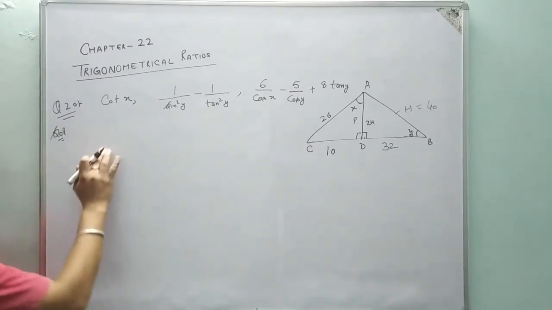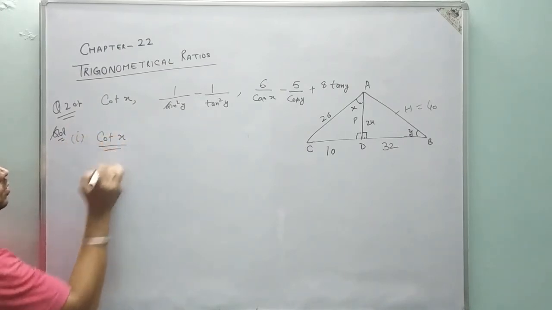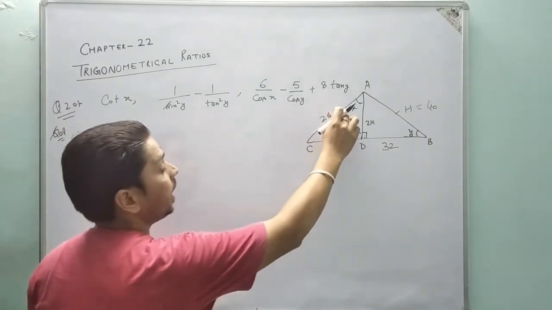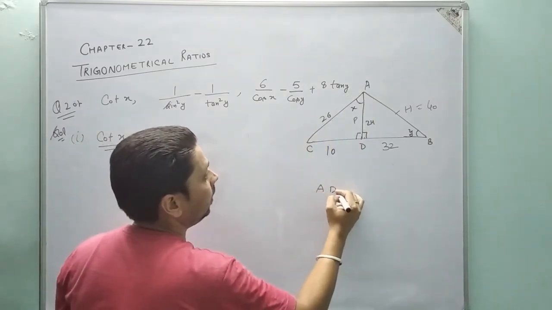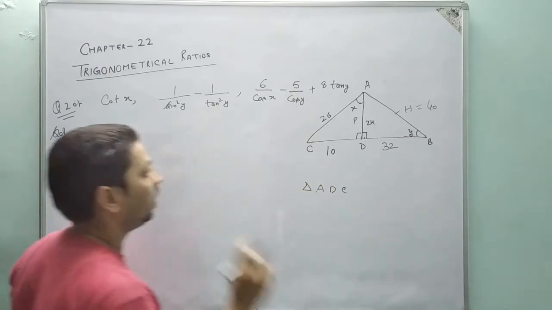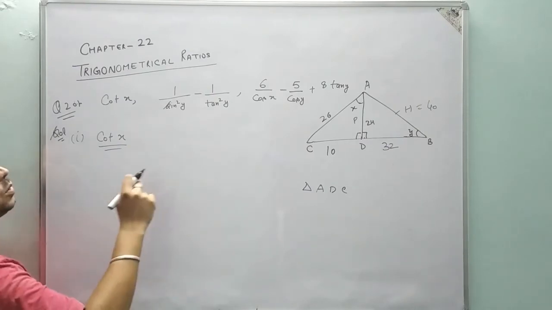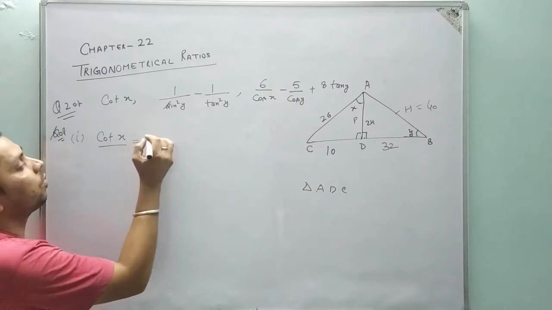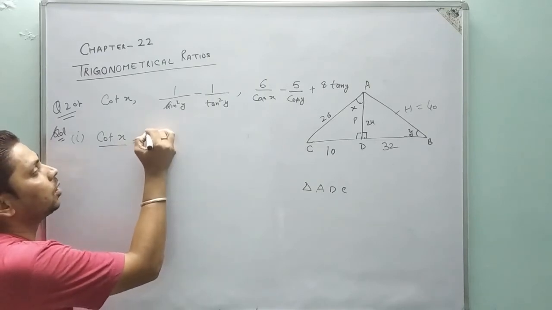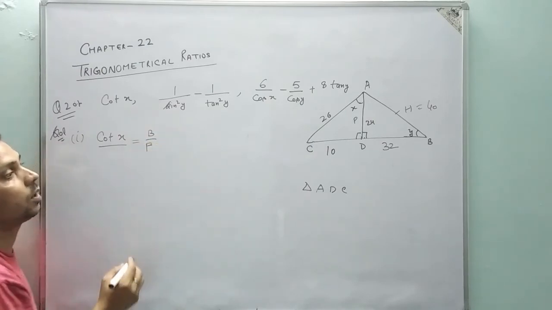We'll calculate cot of x. Since x is the base angle, we will take triangle ADC. In this triangle, cot is the inverse of tan, so tan is perpendicular upon base, and cot will give you base upon perpendicular.